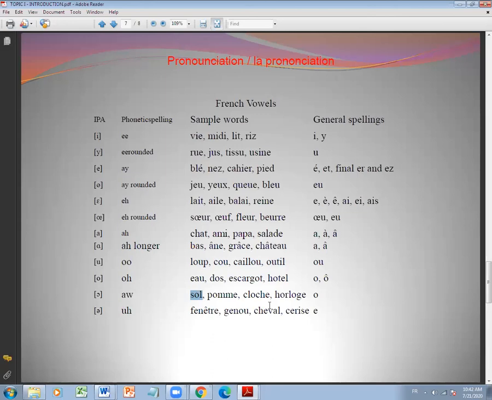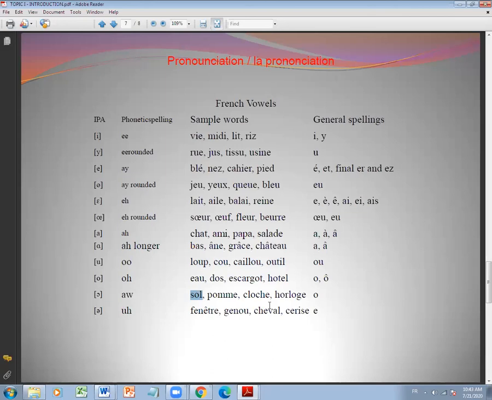Next. Clock. The cloche. Yeah, the CH is cloche. Then the next one is horloge. Is the E at the end pronounced?